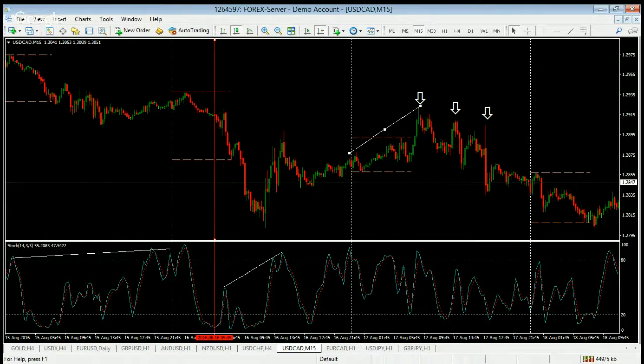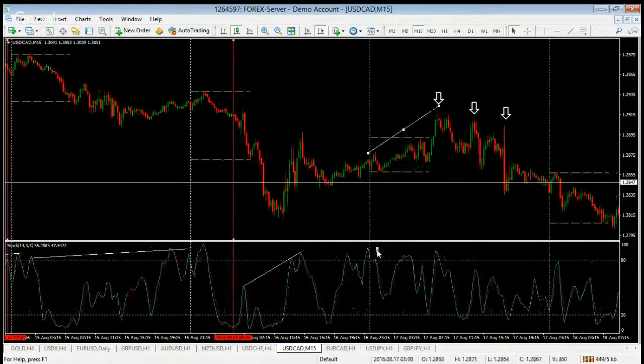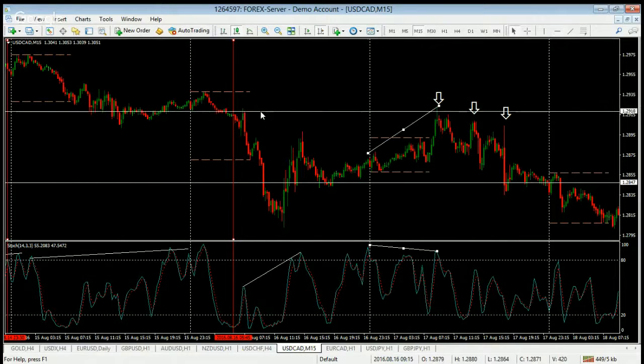So price made a high, but what was the indicator doing? It wasn't making a higher high, so this is a good sell. And besides, you can see support and resistance. I told you you must have a firm grasp of support and resistance, so you can use it.